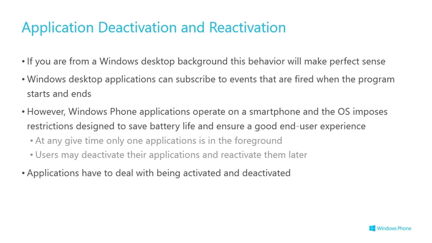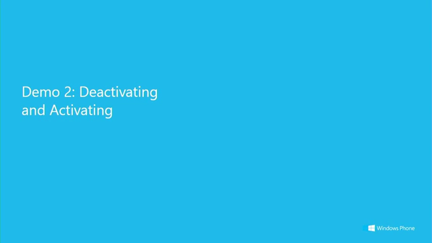The way Windows Phone and other competing smartphones do this is to ensure that the foreground application is the one that has total control of the phone's resources, and as soon as it loses focus, it's deactivated and stops using resources. You have to write your applications to deal with being deactivated and then being reactivated again from this state. So let's take this application a little bit further.